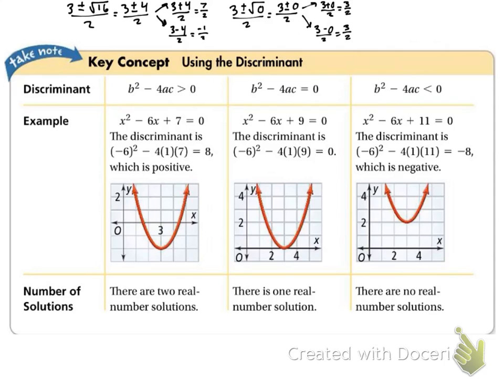They're the same thing. I only got one answer, because it doesn't matter if you add or subtract 0, it's not going to change it. And lastly, if this stuff is negative, so 3 plus or minus the square root of negative 9, let's say, I can't take the square root of a negative number. That's not possible, so there are no answers to that.